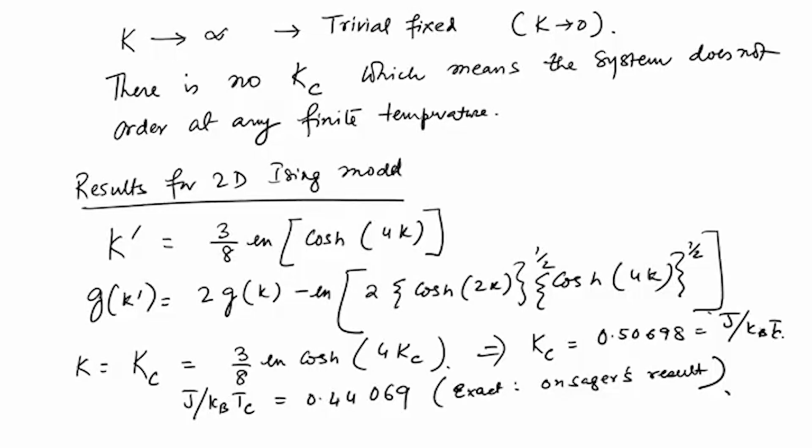The results that you see are quite nice, and RG is not possible in 3D, and the mean field and numerical calculations are only the guiding thing for 3D, whereas mean field gives you j over ktc equal to 6, or so tc becomes 6 j by k.